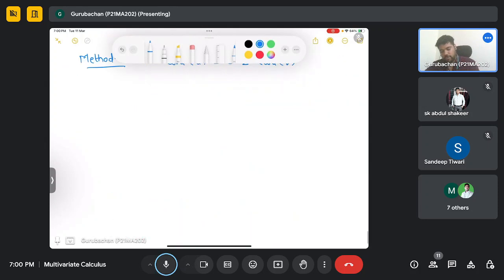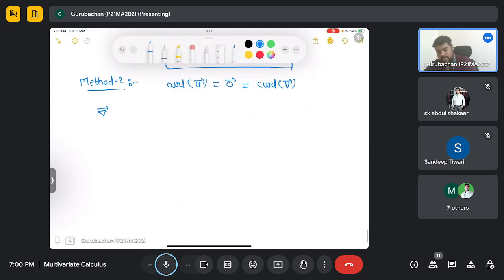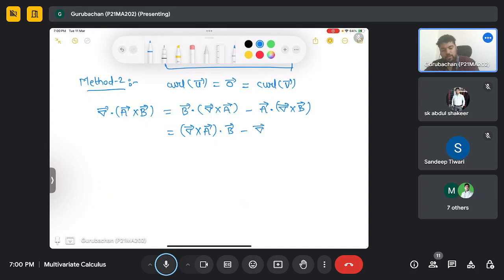So for that, we have to use one identity, that is del dot a cross b is nothing but b dot del cross a minus a dot del cross b, or in fact you can write it like this: del cross a dot b minus del cross b dot a.